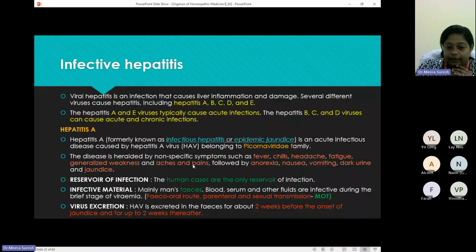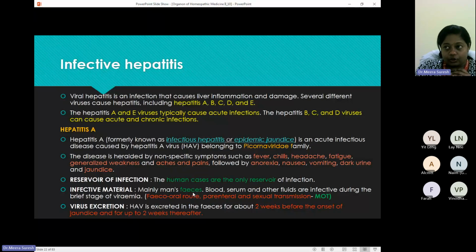The disease is characterized by fever, chill, headache, fatigue, weakness, aching, and pain. Then it is followed, once it reaches the GIT, by the liver symptoms: anorexia, nausea, vomiting, dark urine, and also jaundice signs. Reservoir: human cases are the only reservoir of infection. The infective material is mainly the man's feces, because in hepatitis A and E it is the fecal-oral route or contaminated food and water.